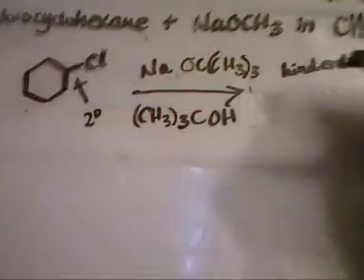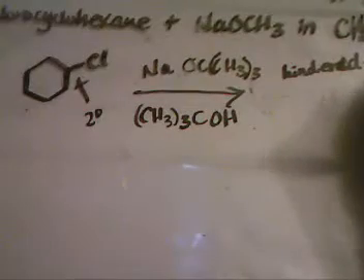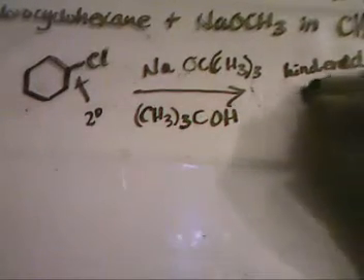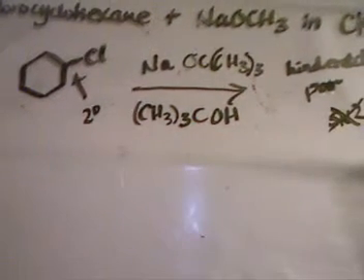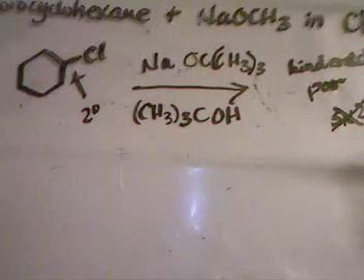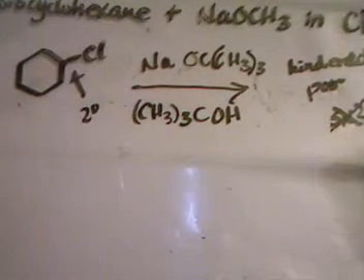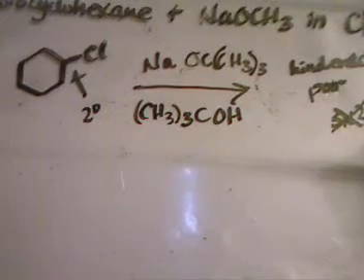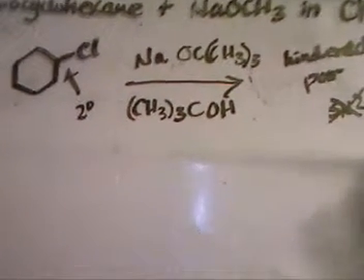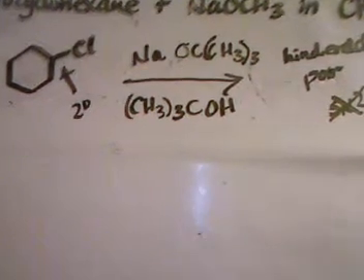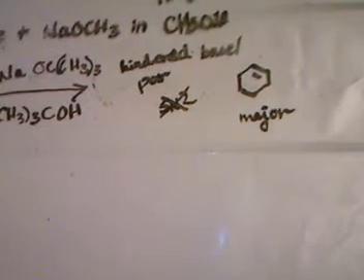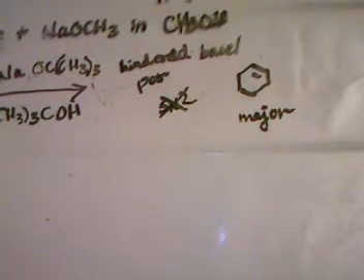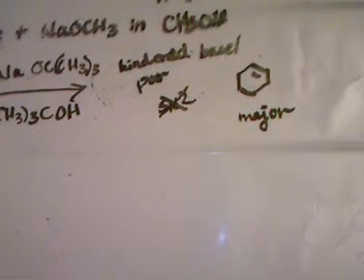Tert-butoxide is a hindered base and a poor nucleophile, which means SN2 is not a possibility, or it's minimized, which leads to elimination being the major reaction, and the alkene being the major product.